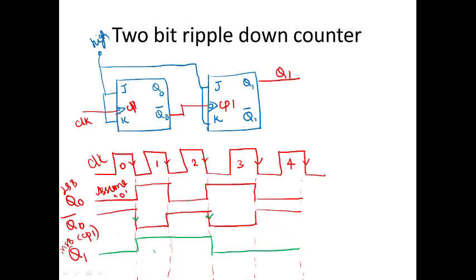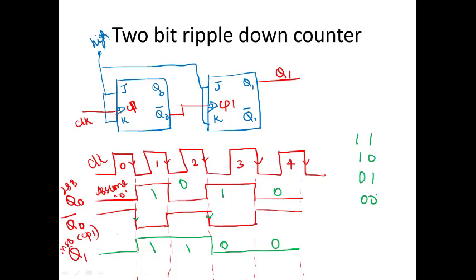So now this is your MSB and this is your LSB, right? So now this is 1 1 and 1 0, 0 1 and 0 0. That is your down counter, right? So 1 1, 1 0, 0 1 and 0 0.